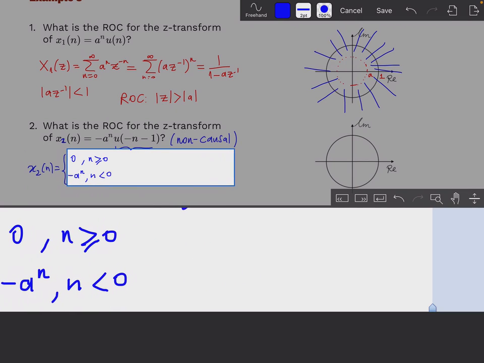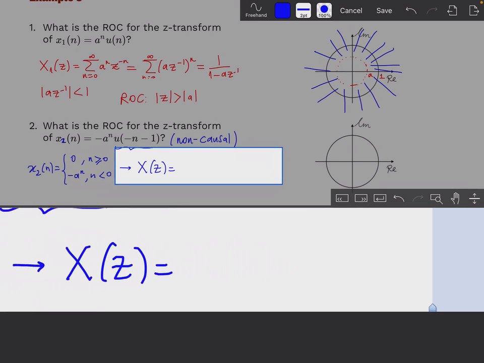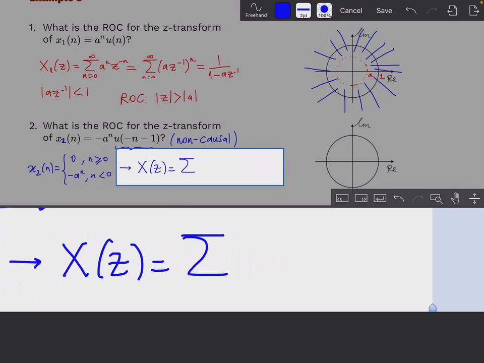So let's just write the Z transform using direct Z transform. X of Z is equal to, we're just going to multiply each value by Z to the power minus n and sum. So n from minus infinity to minus 1 this time because of the time reversed unit step signal.